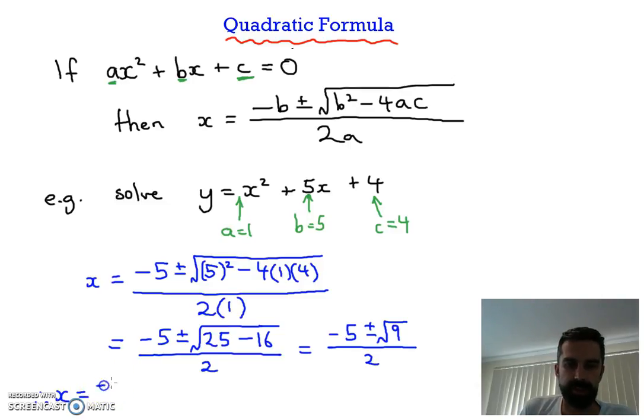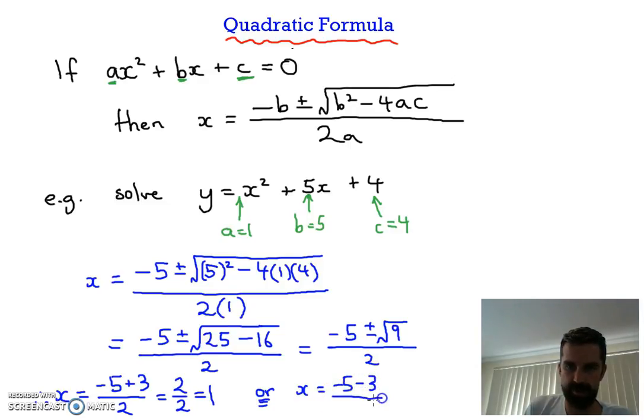So the first possibility is that x equals negative 5 plus the square root of 9, which is 3, over 2. Negative 5 plus 3 is 2 over 2, which equals 1. Or the other possibility is that x equals negative 5 take the square root of 9, which is 3, all over 2. Negative 5 take 3 is negative 8 over 2, which gives us negative 4.